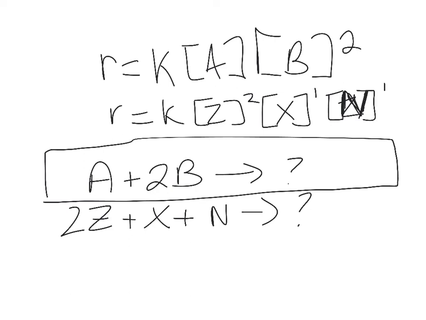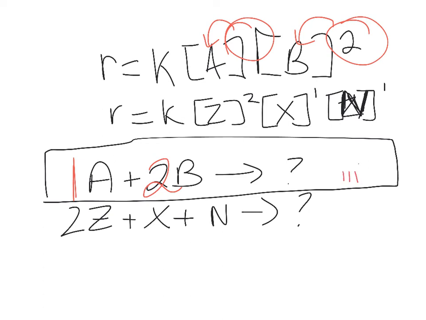That's all you need. You don't need the fast steps. When you're figuring out which one is the reaction mechanism, you're just looking at the coefficients for these reactants. So you're looking for a 1A and a 2B. You find which one has it. So the reaction mechanism was 3.